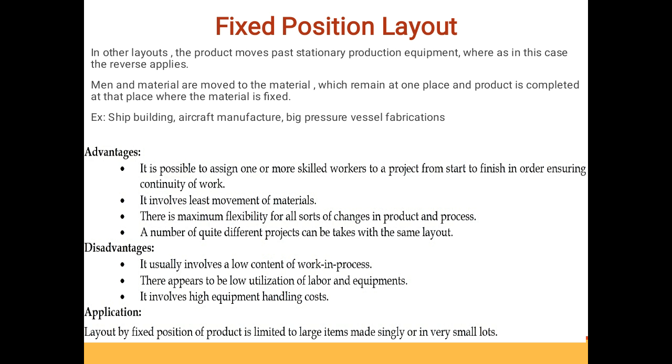So here your work component remains at one place, and men and machineries are to be transported to the place where the material is fixed. Examples are shipbuilding, aircraft manufacture, big pressure vessels. In their manufacturing, we need to transport the men, that is workers and machineries, to that particular location.